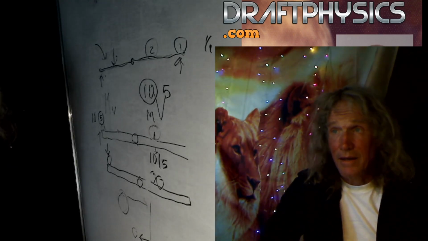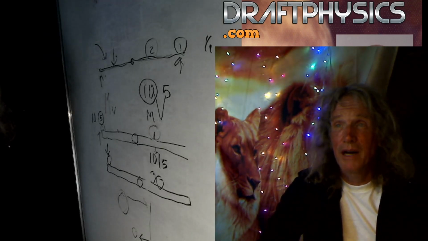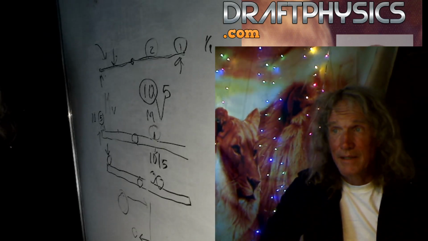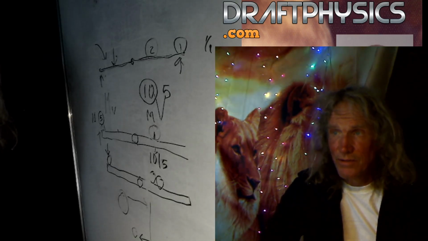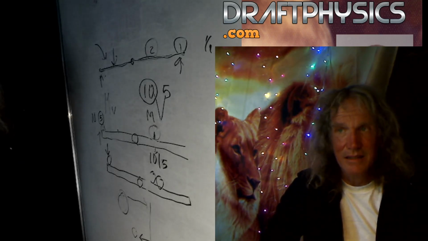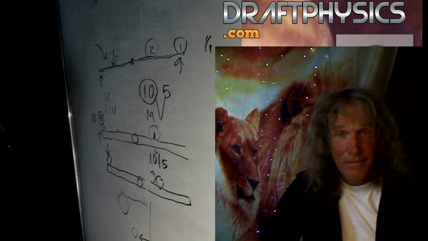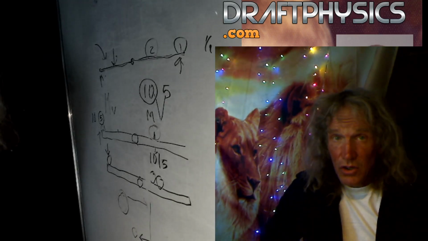Yeah, and again, the trouble is that there's no way to draw your body diagram here, because the force of gravity on a hanging weight here is the same as the force of gravity on a hanging weight here, and there's no explanation for why this side thinks it's heavier, because it's not any heavier.